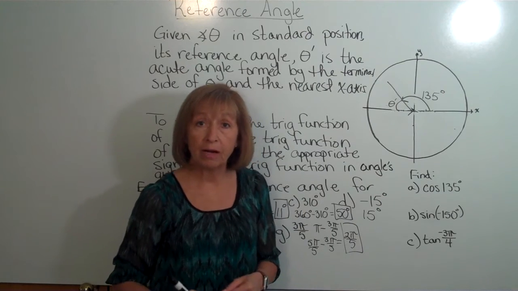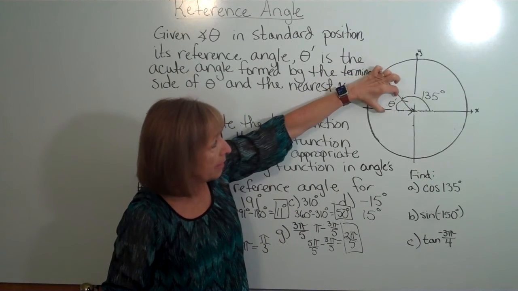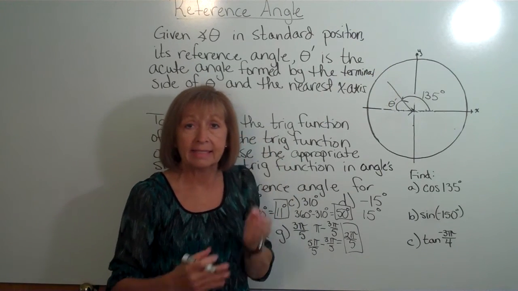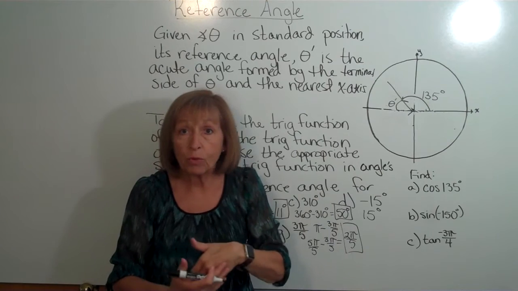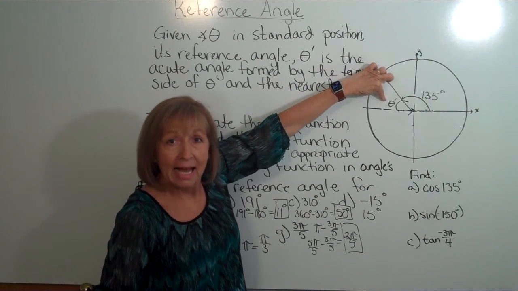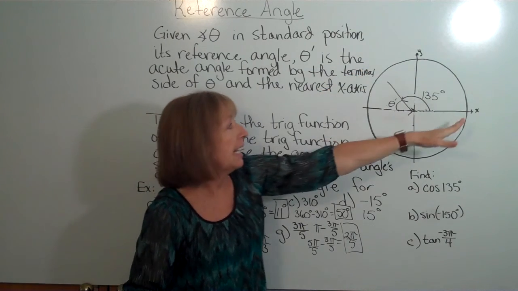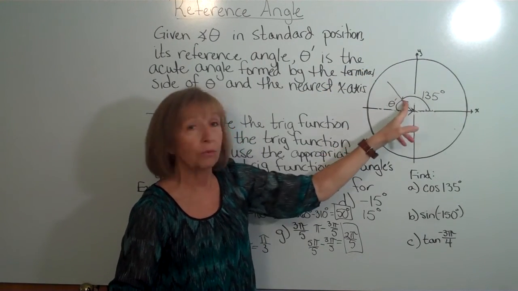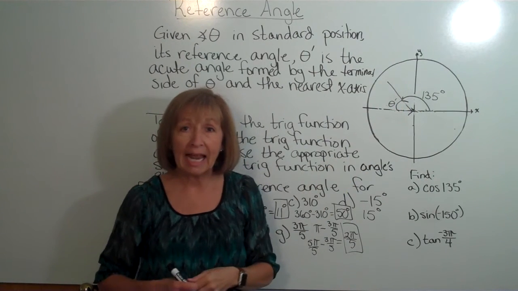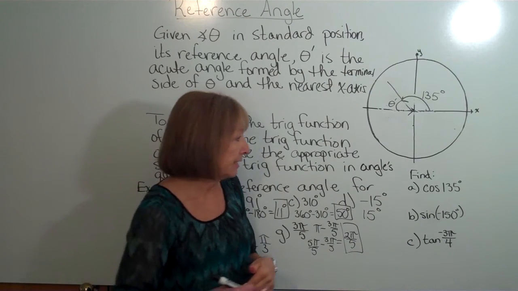I want to find the reference angle. Since it's in the second quadrant, my reference angle goes to the nearest x-axis, which is the negative x-axis here, and it's not quite to 180. So to figure out what this leftover is, I need to take 180 degrees and subtract the 135, and that'll tell me the reference angle. Well, 180 minus 135 is 45 degrees.